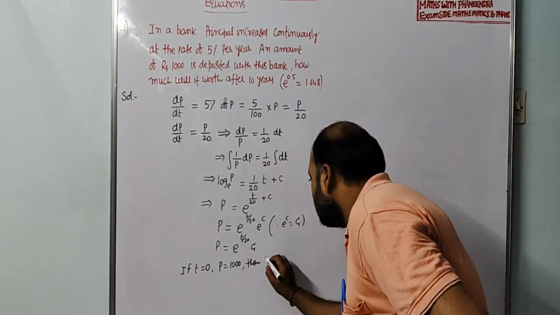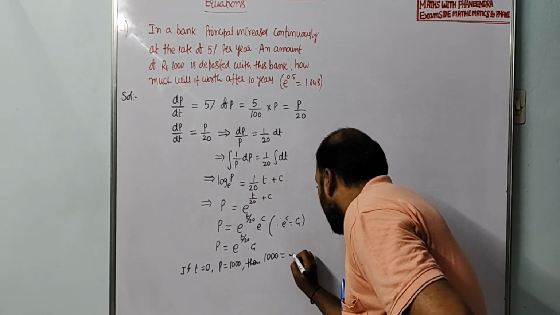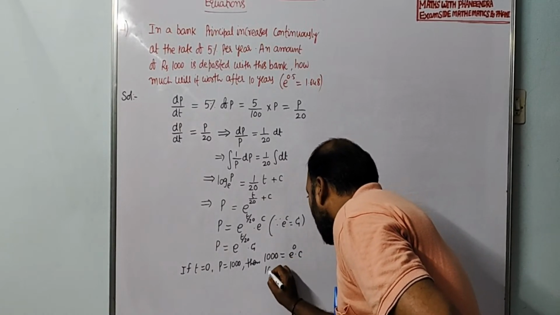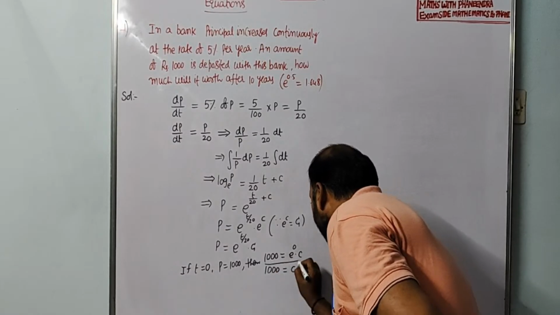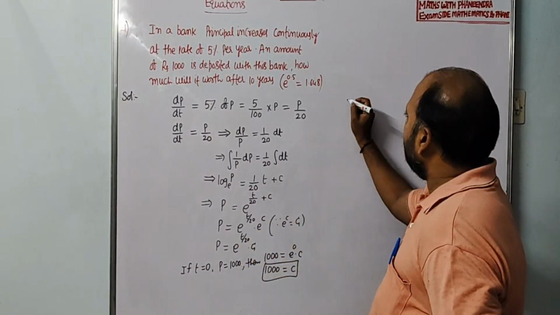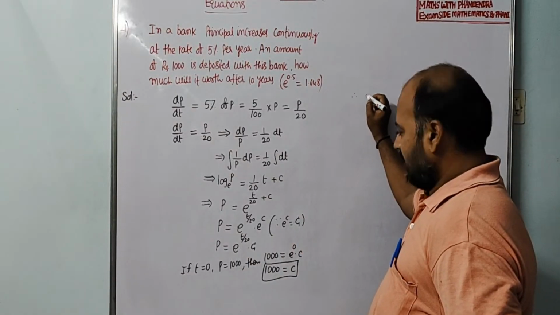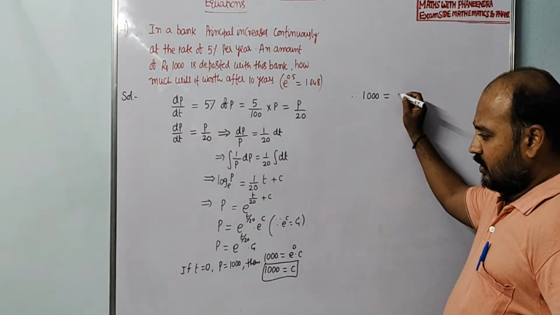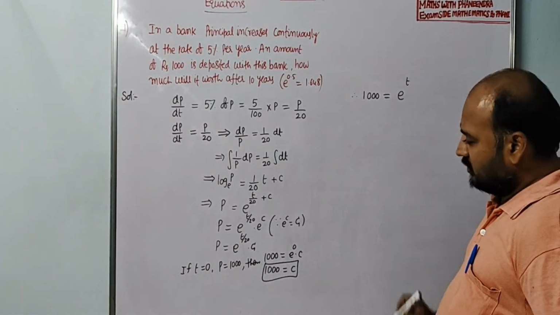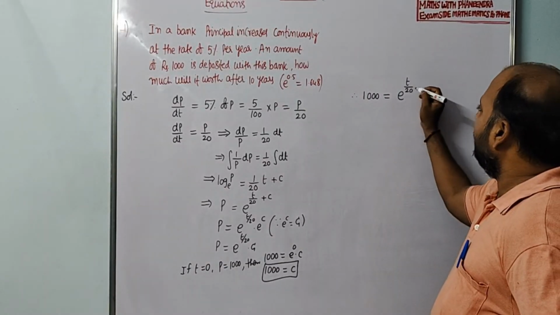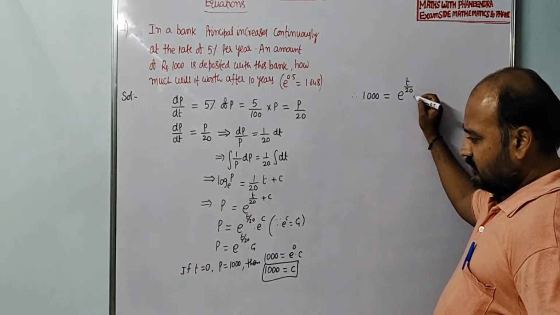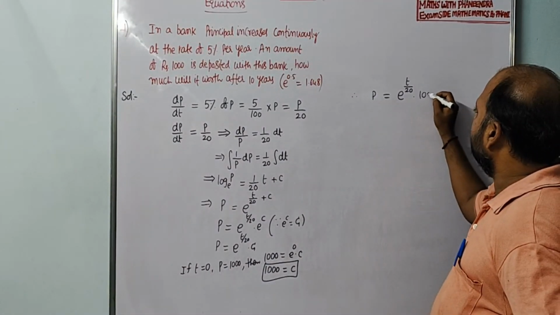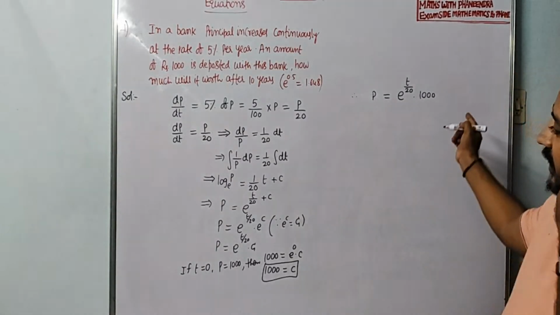Then 1000 equal to e power 0 into C. So 1000 is equal to C. Therefore, the principal amount will become P equals 1000 into e power t by 20. Here 1000 in place of C I kept.